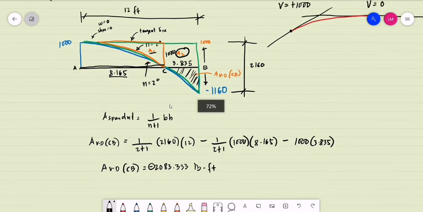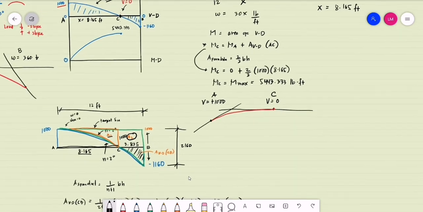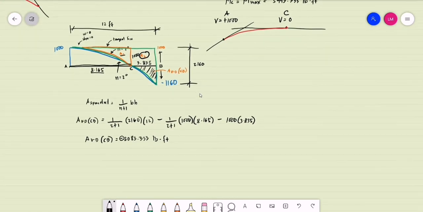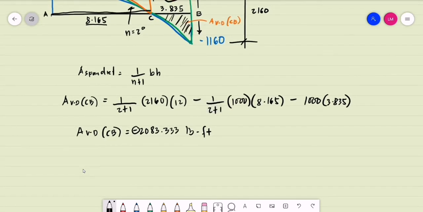Now we can compute for the moment at B. Computing for the moment at B, that is our moment at C, our initial point, plus the area of the shear diagram for the segment CB.